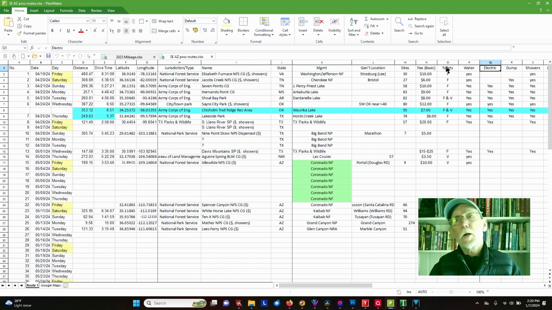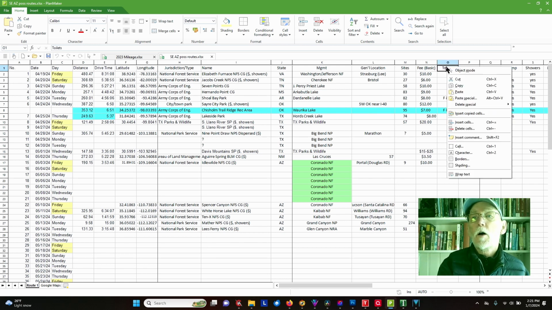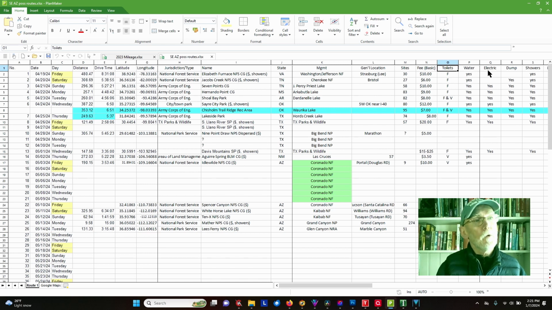Then next is electric. We don't look for electric. We don't really care about electric. If it's available and we have to pay extra for it, we usually don't get it. We prefer to get just a tent site because we have solar panels and a house electric system, and we prefer not to pay for those amenities because they're really not important to us. But there are quite a few campgrounds that we've been to that every site has electricity, and usually we're paying for it.